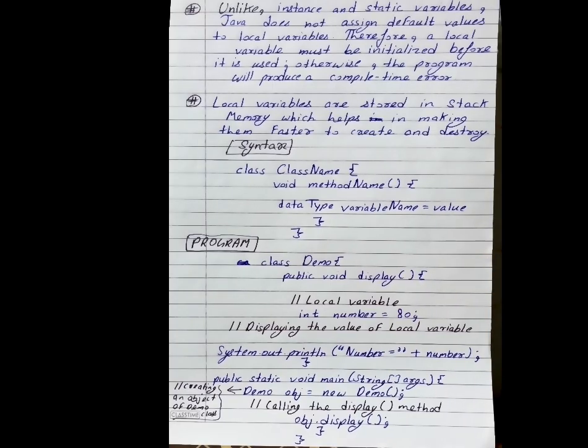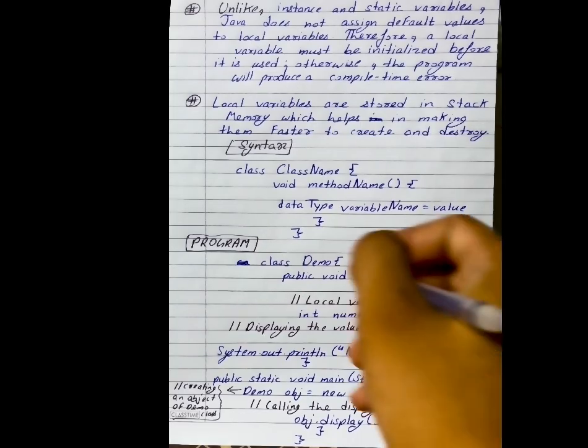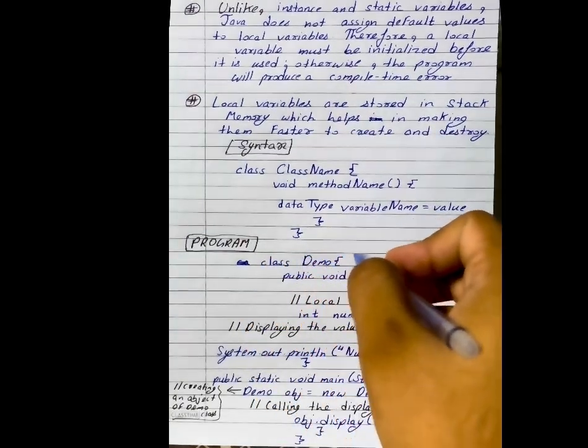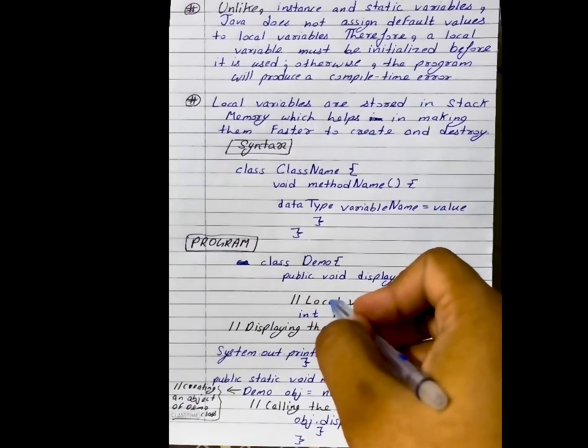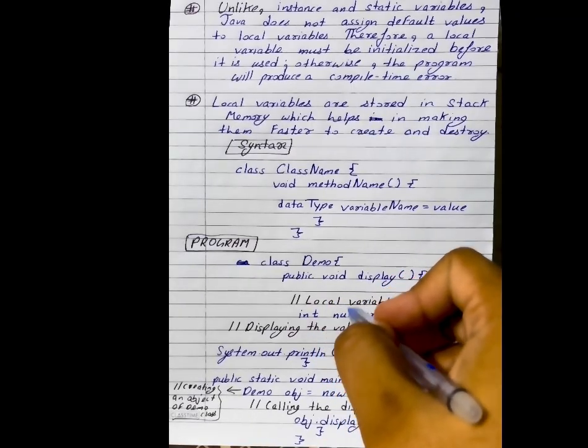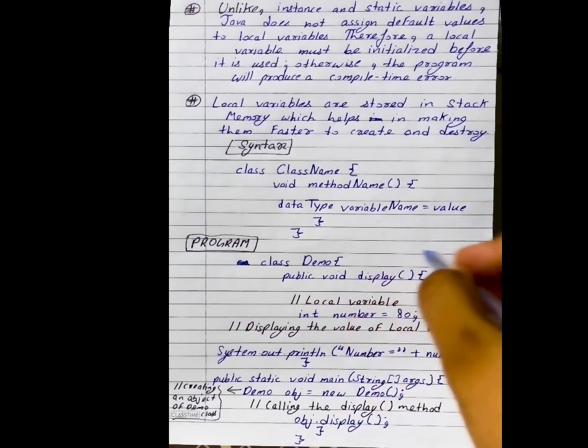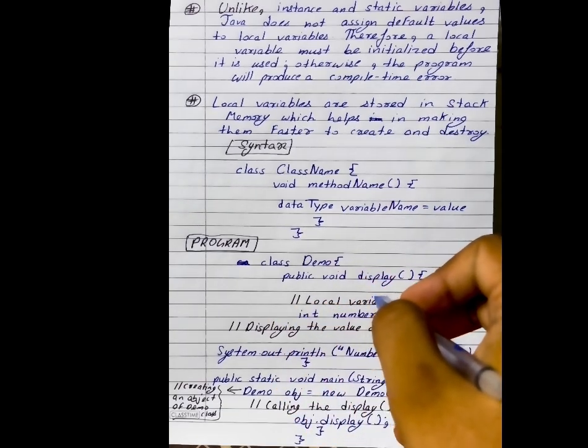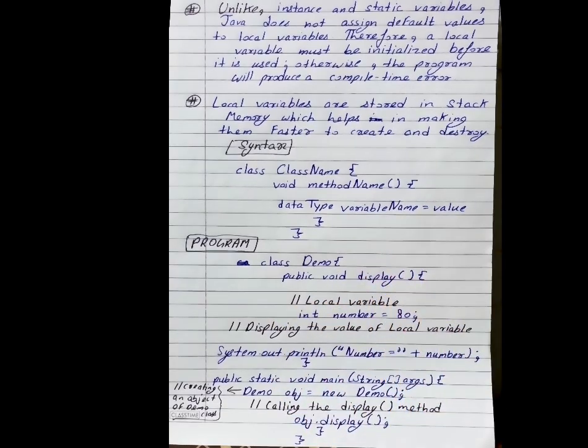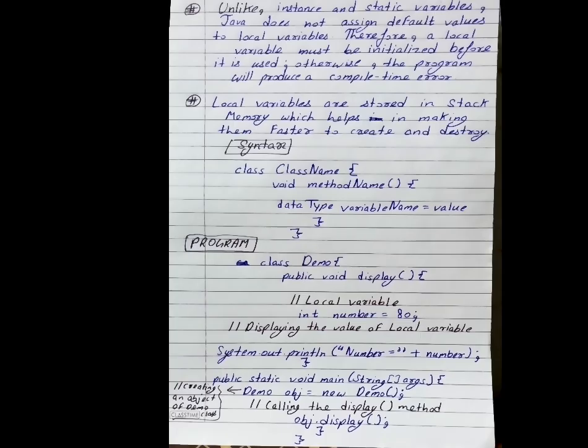So now let's talk about the program. In this program, the variable number is declared inside the display method. This makes it a local variable, and since it is local to the method, it can be accessed only within the display method.